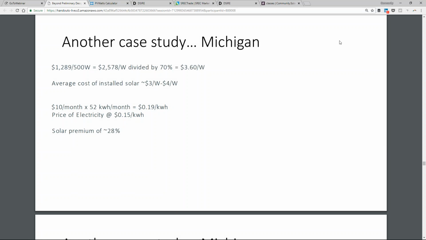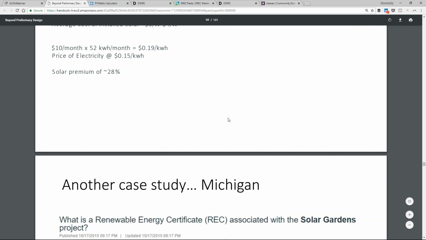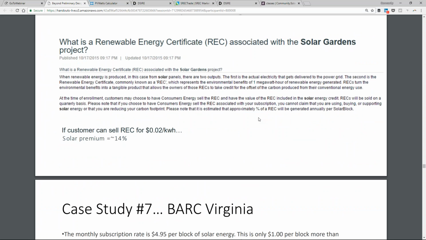And what I think is interesting about the Michigan model is that they also have an option where you're actually getting the renewable energy credit for your buy-in. You're getting the renewable energy credit for your $1,300 or your $10 a month. And then they'll offer a secondary service where they will be your REC broker and go and sell your REC.